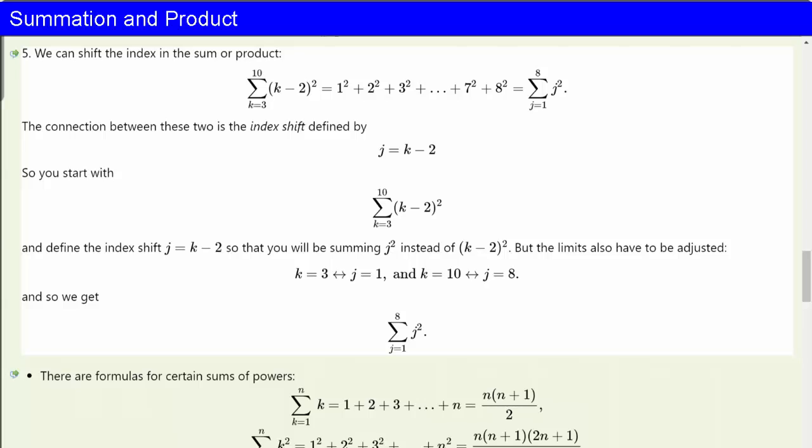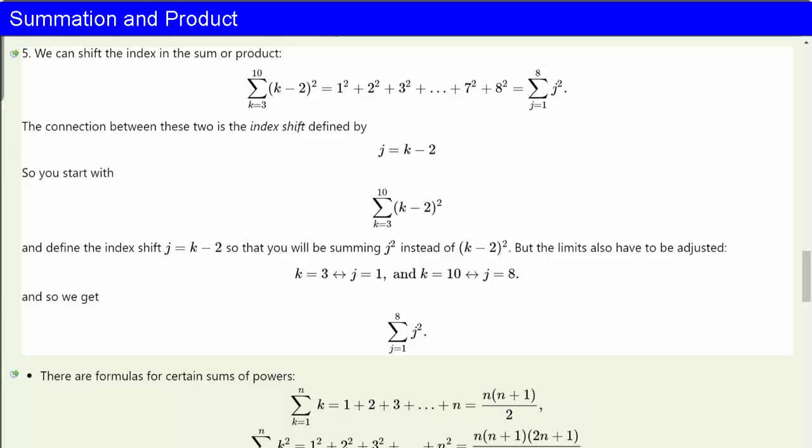So you start with the sum from k equal 3 to 10 of k minus 2 quantity squared. And then you define the index shift, j equal k minus 2. So you will be summing j squared instead of k minus 2 squared. But you must adjust the limits to account for the change in the summation notation.